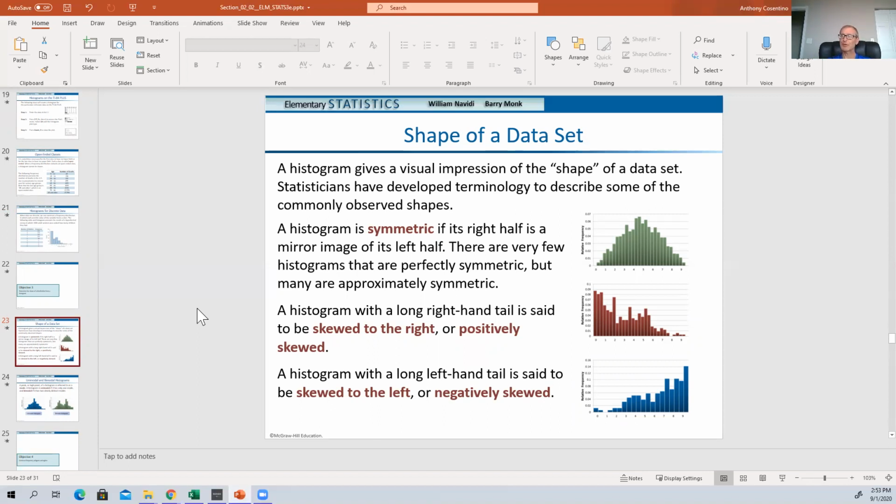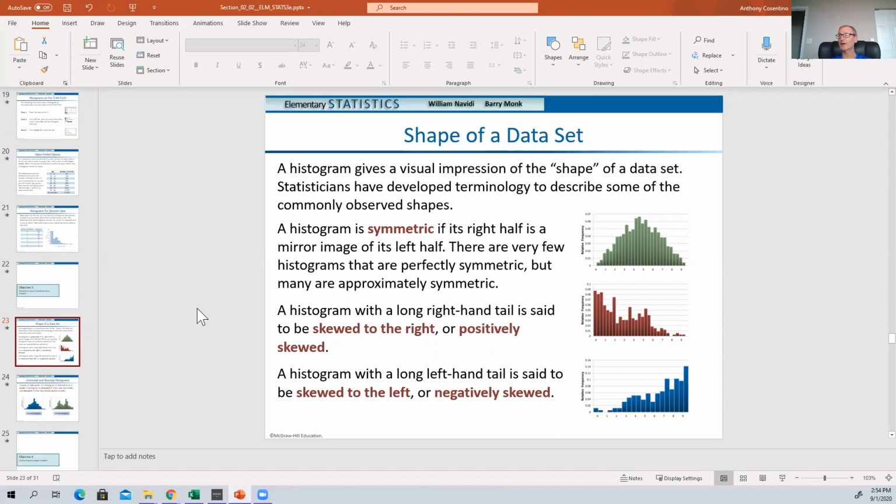And so symmetry, you will see that the normal distribution is symmetric, kind of looks like a bell. And you can see that the green histogram that we have there kind of looks like a bell curve. And then you'll see that we have this skewness. That's another math term for more data to one side or to the other.